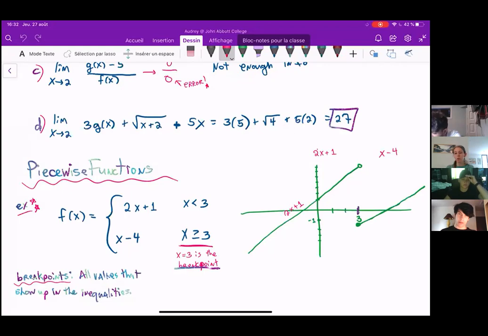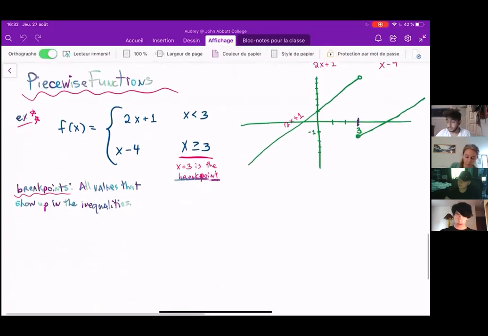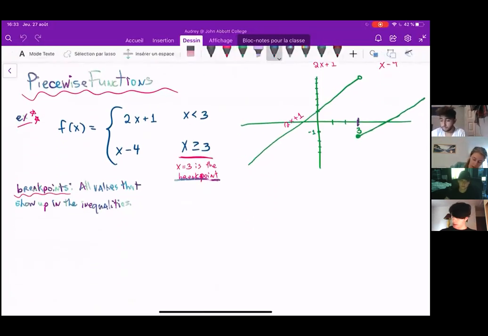We're going to use this graph to help us understand how we would evaluate this without the graph. So I'm going to ask about a few different limits here. Let's start with the limit as x approaches 2 of f of x.